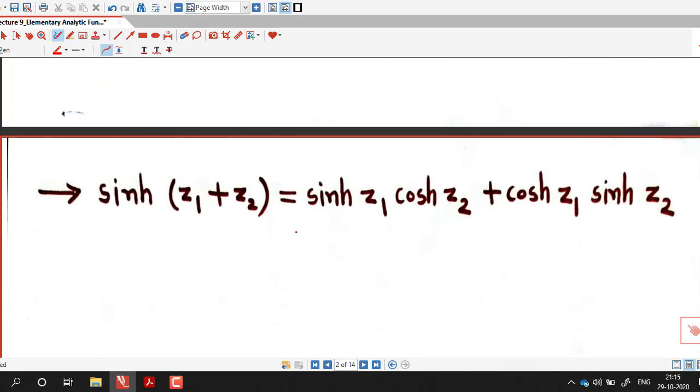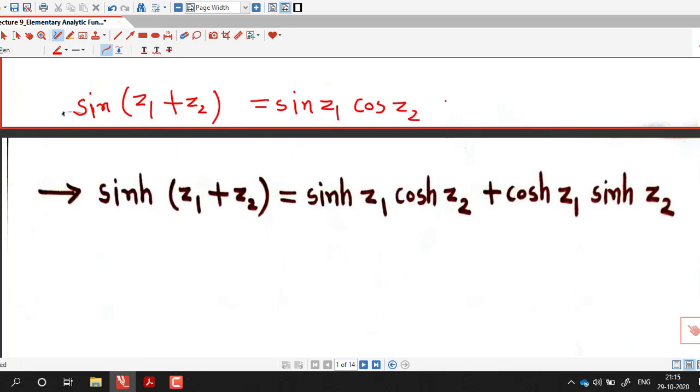This is also a property analogous to trigonometric functions. We know that for trigonometric functions we have sin of z1 plus z2 is sin z1 cos z2 plus cos z1 sin z2.